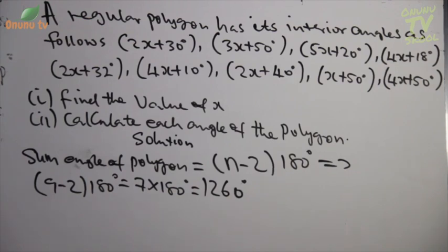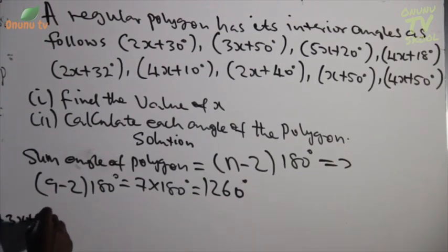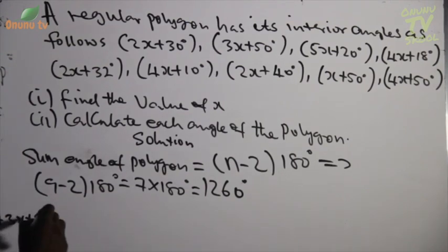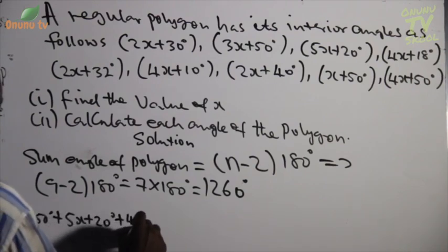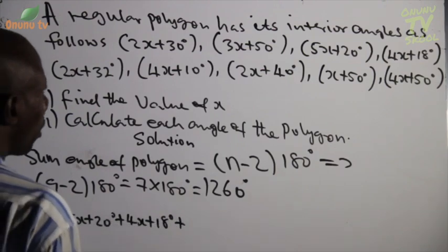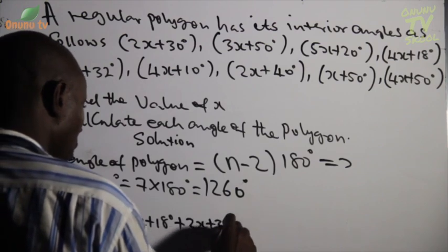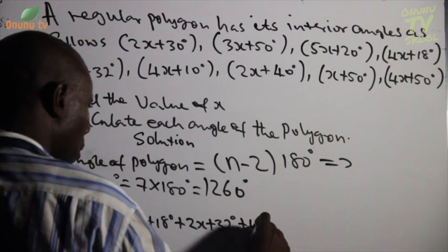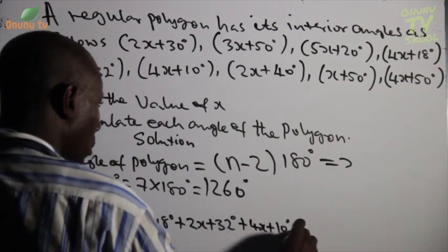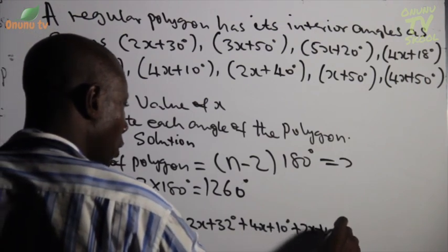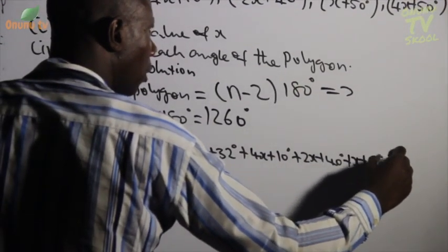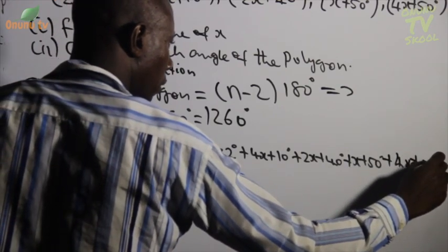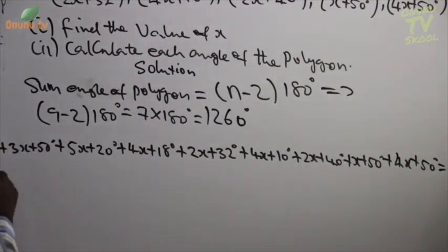We have 2x plus 30 degrees plus 3x plus 50 degrees plus 5x plus 20 degrees plus 4x plus 18 degrees plus 2x plus 32 degrees plus 4x plus 10 degrees plus 2x plus 40 degrees plus x plus 50 degrees plus 4x plus 50 degrees, and it is equal to 1,260 degrees.